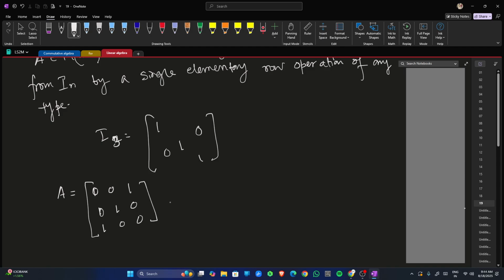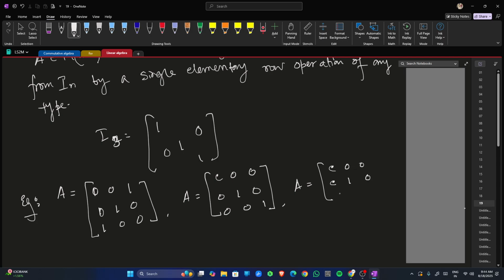This is an elementary matrix. Another: C 0 0, 0 1 0, 0 0 1. This is an elementary matrix. Another example: A equal to, let's say, C 0 0, C 1 0, 0 0 1.